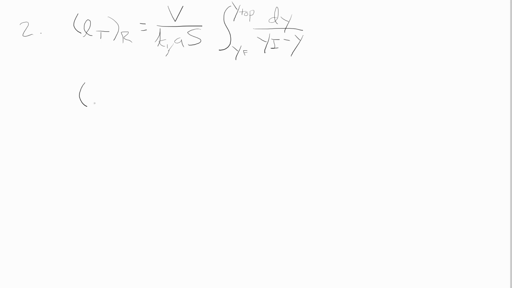All right, and then in the stripping section, we now use the vapor phase flow rate in the stripping section, which we've called V bar. And again, we have the gas phase microscopic mass transfer coefficient and the cross-sectional area of the column. And now we are integrating between the bottom of the column and the feed, the same integral.